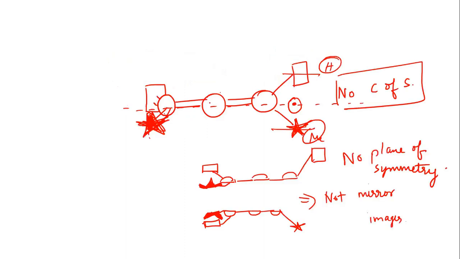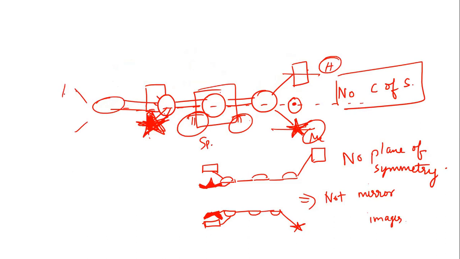These guys were not sigma bonds, these guys were pi bonds. So there is an energy required to rotate this guy. This guy can also be present in the same orientation, but it does not happen, because of the sp hybridization. What if we had another carbon here, and that guy was having H and CH3?